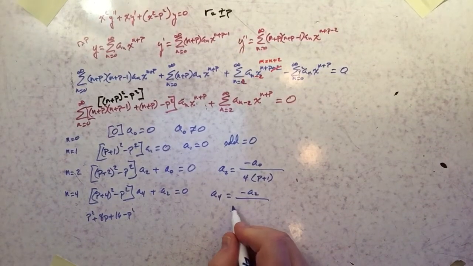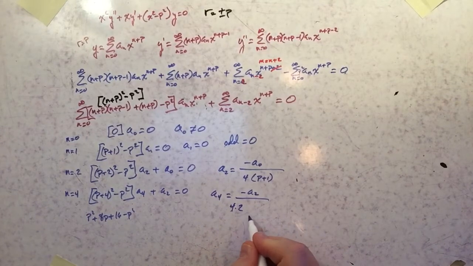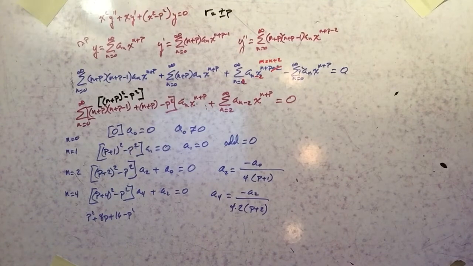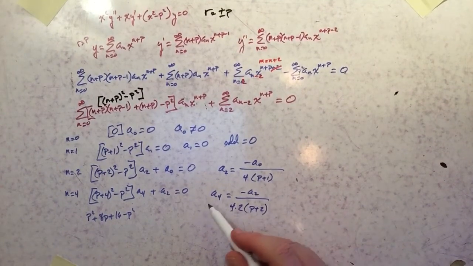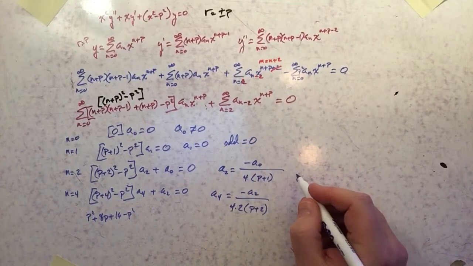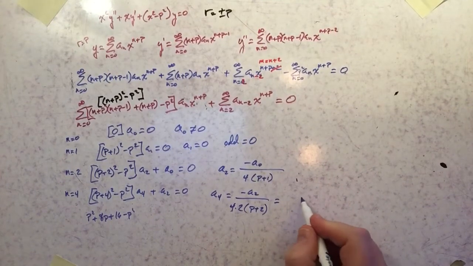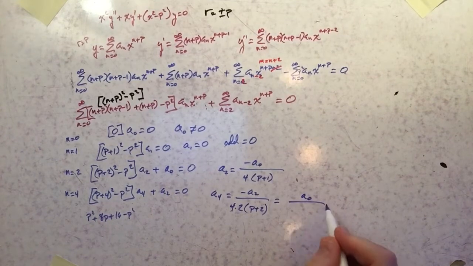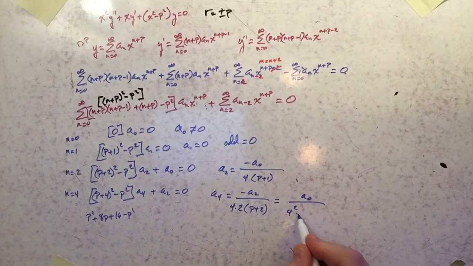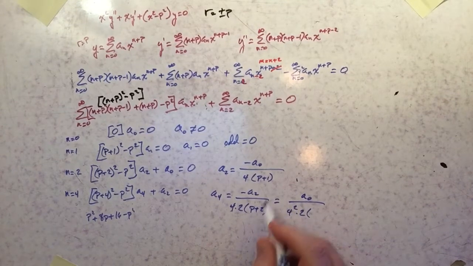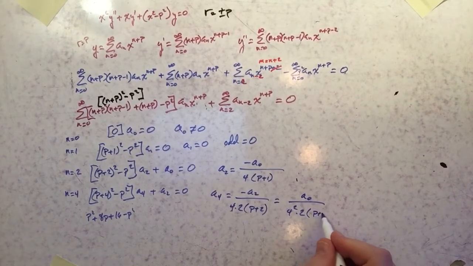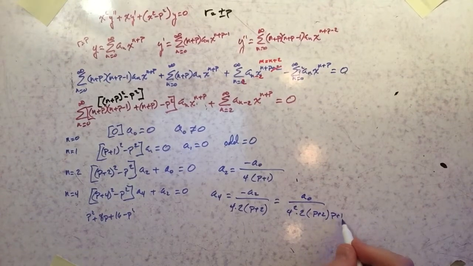So it's 8, or let's say 4 times 2, times (p plus 2). Okay, so it looks like there's always a 4 underneath, and then let's use this final substitution to say A4 is also then equal to A naught divided by 4 squared times 2 times (p plus 2) times (p plus 1).